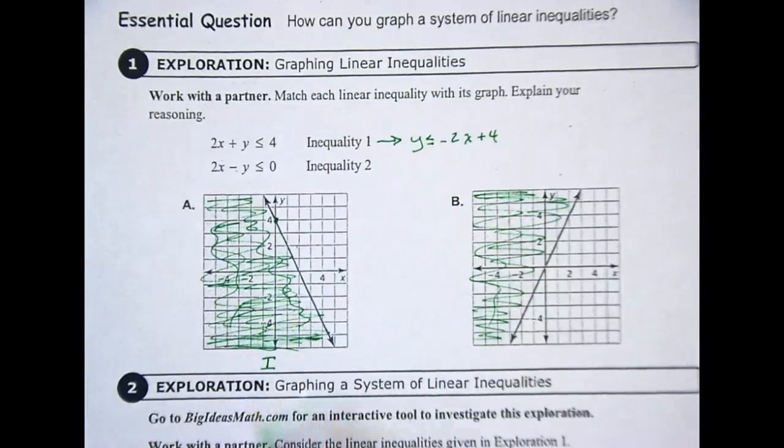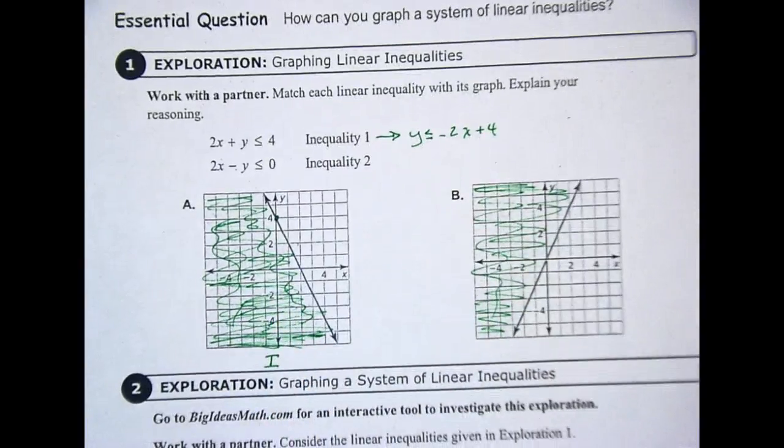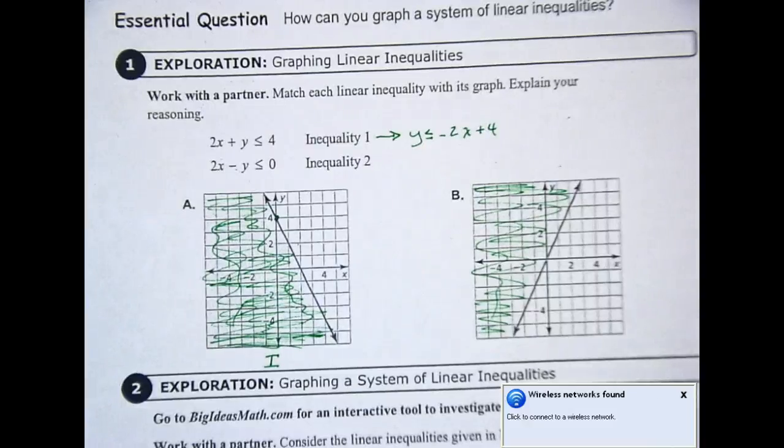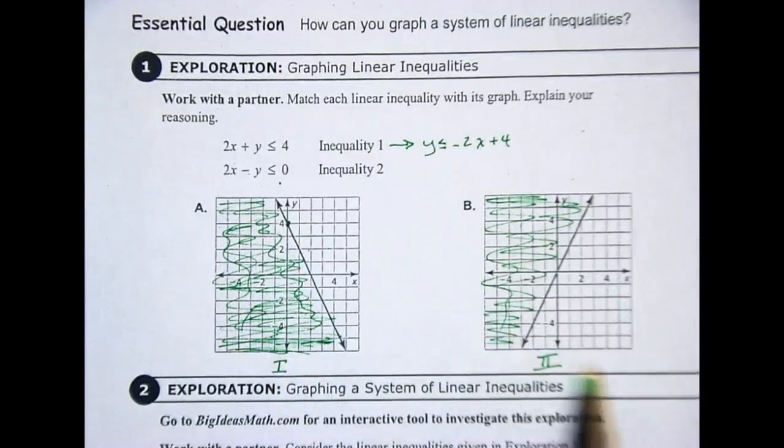What form did you use, Kyla? How many did slope-intercept form? Ask your neighbor if they used slope-intercept form. So we found out this one's 1, this one's 2.